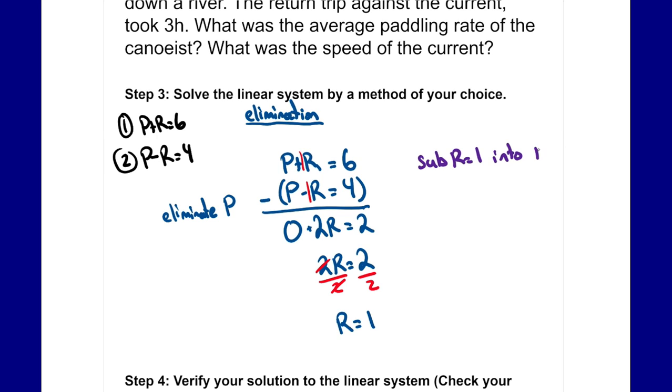I'm going to plug it into equation 1, just a little bit easier. So P plus R is equal to 6, P plus 1 equals 6. And I don't even need to really show any work. What plus 1 equals 6? Well, P then has to equal 5.